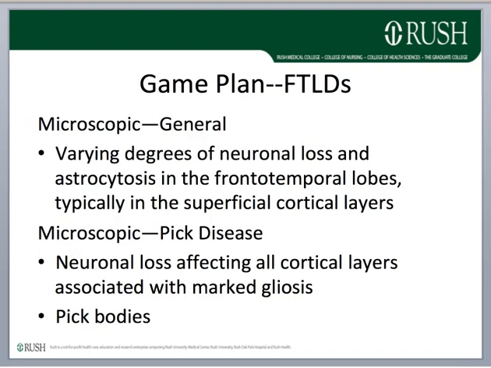In general, microscopically, there are varying degrees of neuronal loss and astrocytosis in the frontotemporal lobes, typically involving the superficial cortical layers. However, in Pick disease, the neuronal loss is more extensive, affecting all cortical layers, and is associated with marked gliosis and the presence of hallmark Pick bodies.